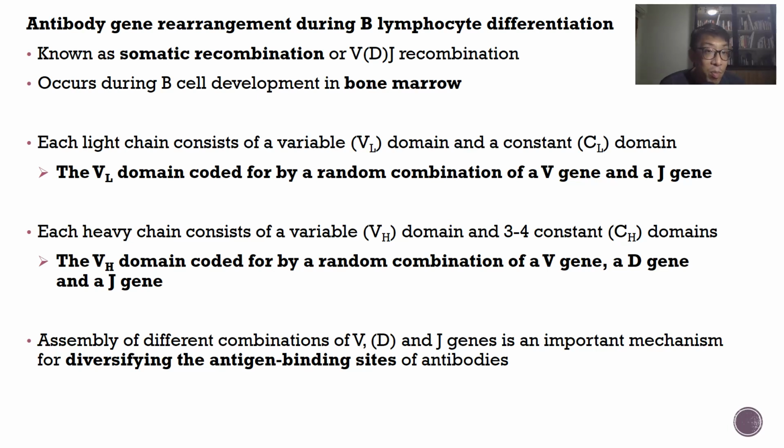And the two variable regions, light chain and heavy chain, together form the antigen binding site. So when they have different light chain and heavy chain variable domains, they can have different antigen binding sites between different B cells.